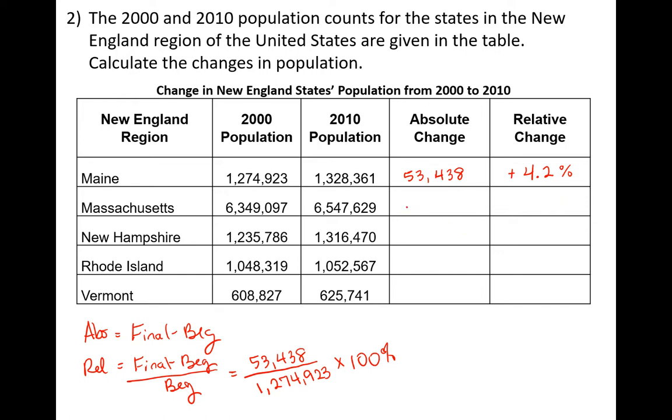That's an absolute change of 198,532. And then if I divide it by that original amount, I get a relative change here, and again, this is an increase. It went up 3.1%.